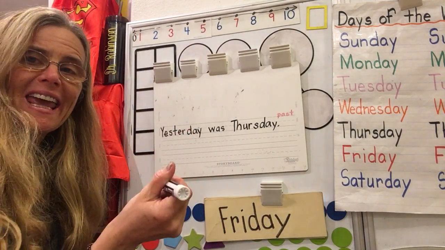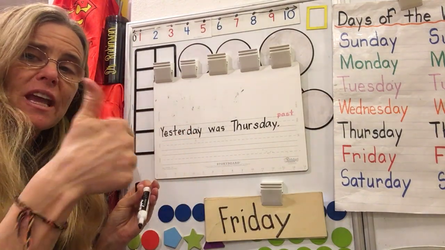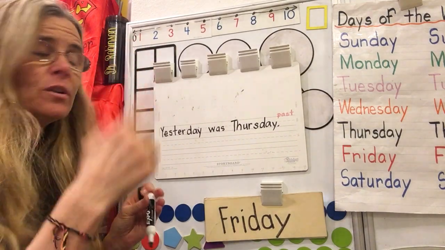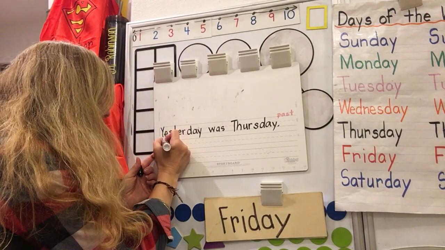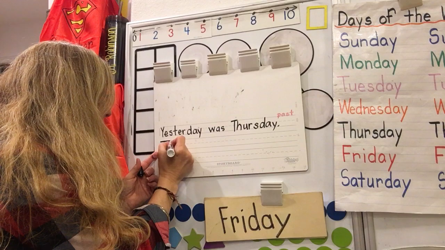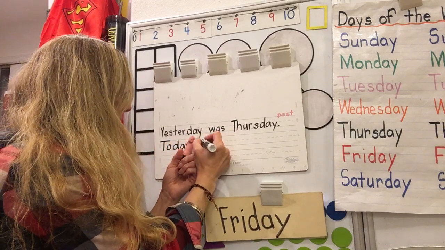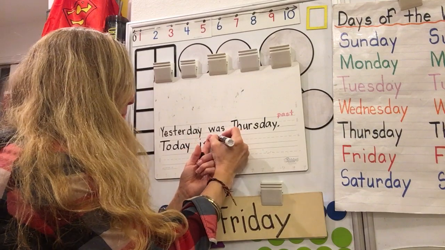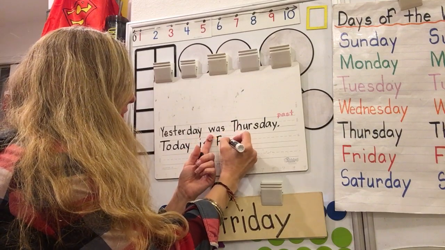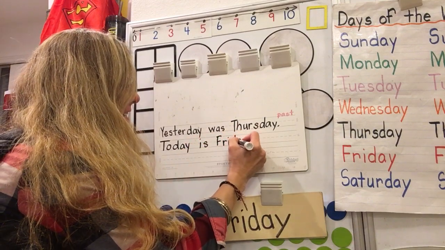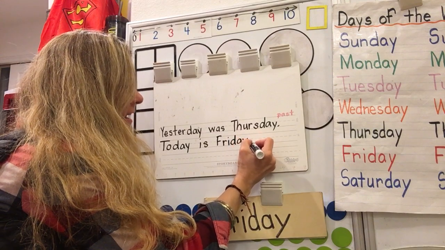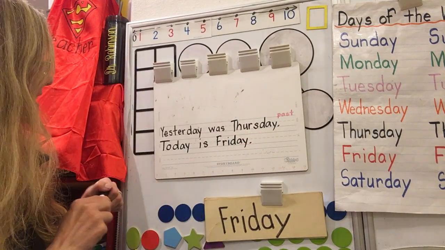So today is Friday. Only 3 words. Today, capital T-O-D-A-Y. Face space is face space, capital F-R-I-D-A-Y. I'm going to put a period, it's just a telling sentence.